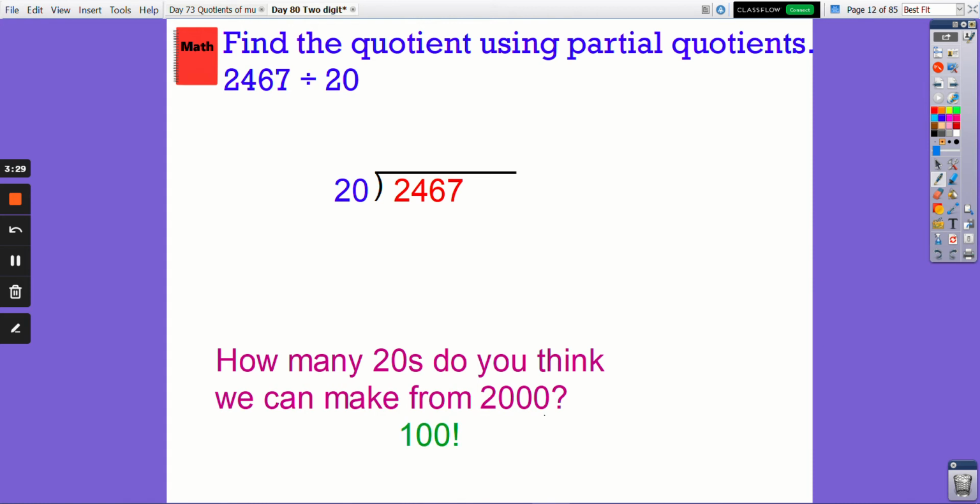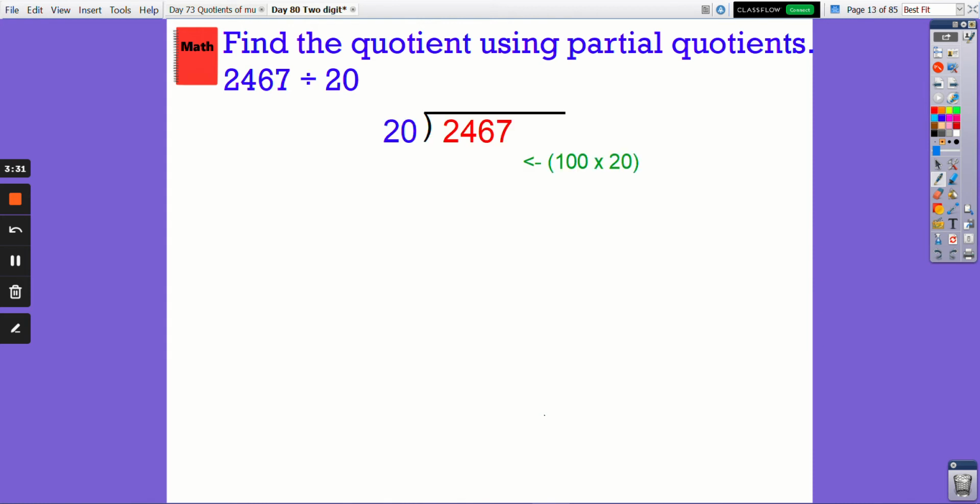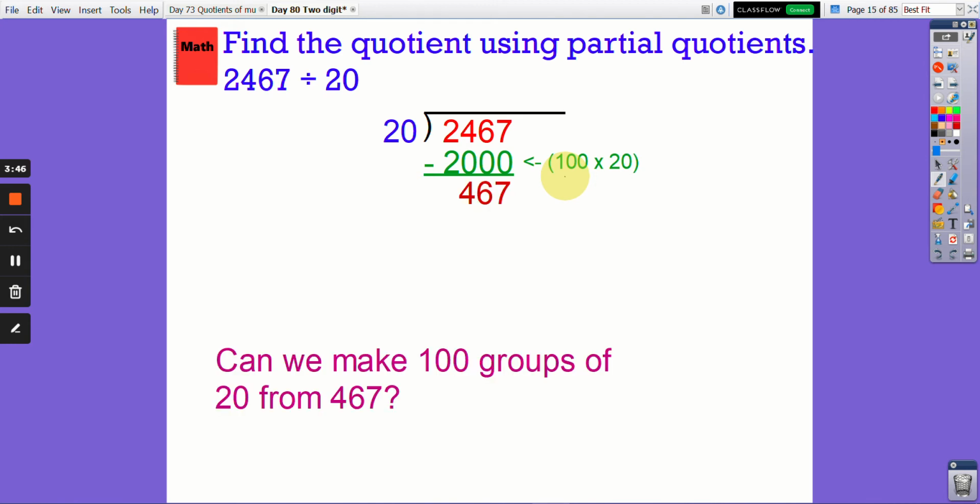100? Let's look. Remember when we do partial products and partial quotients, we need our parentheses. So 100 groups of 20 equals 2,000. We know when we divide, we subtract. So when we take that away, we have 467 left.